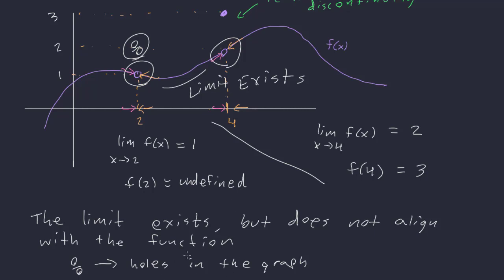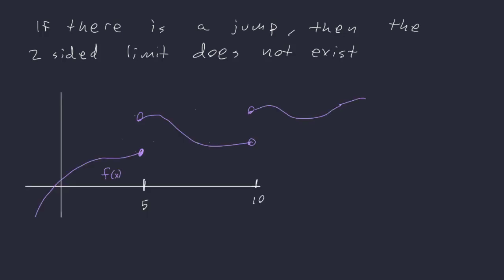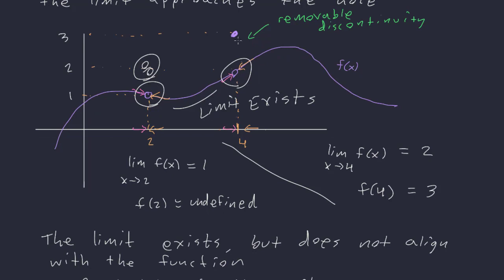All right, now if there is a jump, like a full-on jump, then the two-sided limit does not exist. For example, this function here, we have a jump, and let's say we jump from 2 to 4. Notice it's not the same as what we saw up here, because this just jumped for a point and then came right back down.